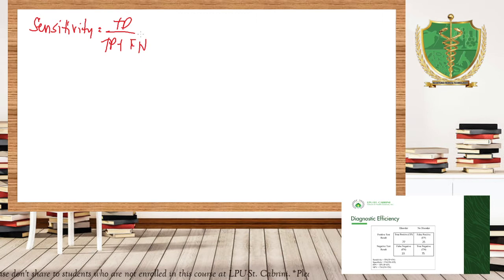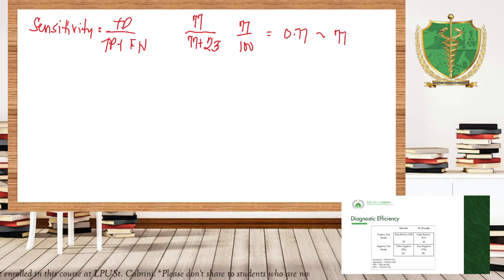True positive is 77 plus false negative is 23. So that will be 77 divided by 100, which equals 0.77, or simply a sensitivity of 77%.